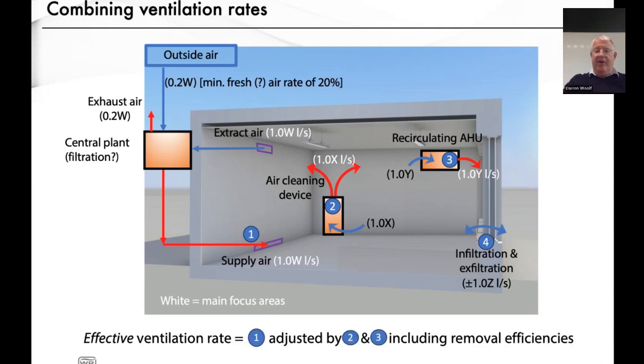And sometimes we combine these flow rates into an effective ventilation rate based on the supply airflow rate and adjusted by the air clean device and recirculating air handling unit flow rates, maybe including a removal efficiencies factor in there. So it's not just about a flow rate in a room, there's lots of flow rates and there's effective flow rates.